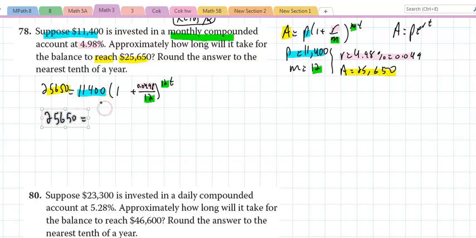Actually, it's not. I need to get rid of this to get the exponential by itself.